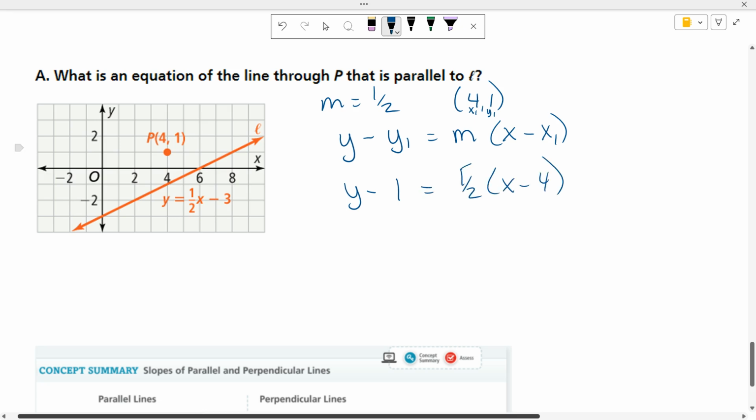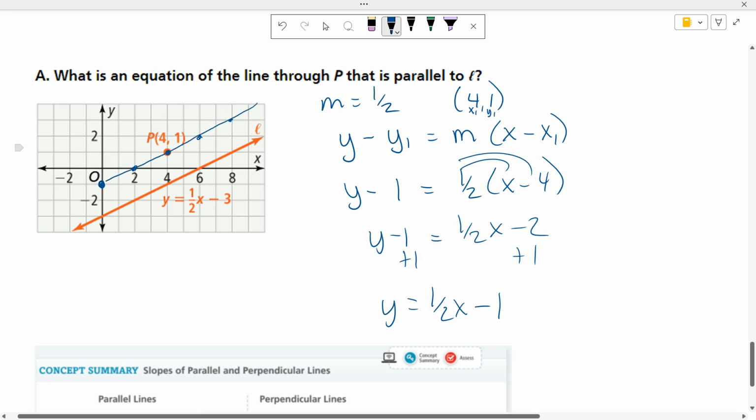If we distribute, y minus 1 equals 1/2 x minus 2. And then if we add 1 to each side, y equals 1/2 x minus 1. So with a y-intercept of -1 and a slope of 1/2, it would be like this. See how it goes right through that point? And they are parallel.